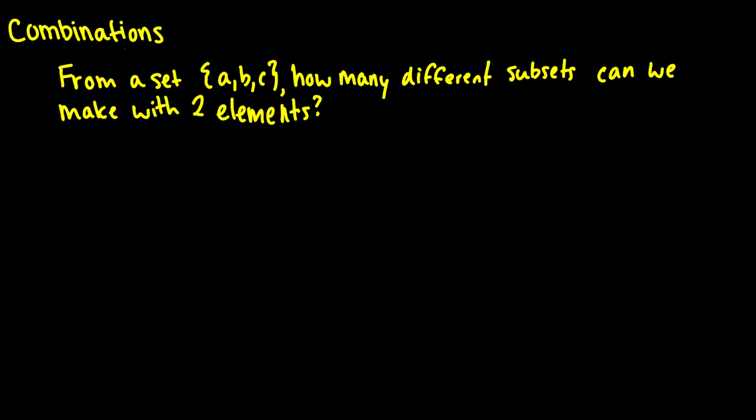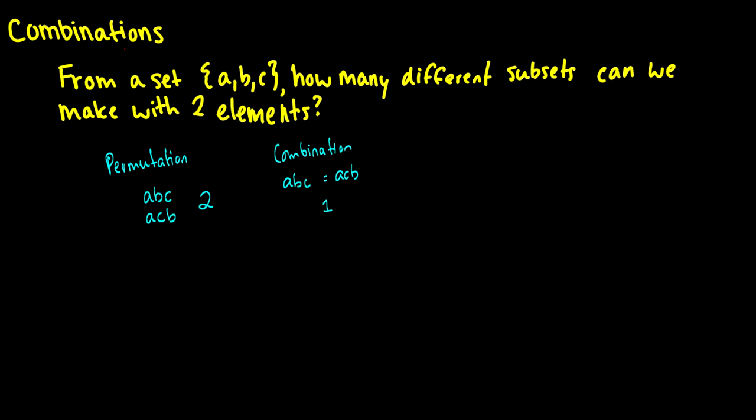For instance, in a permutation, the order ABC and ACB are different. But in a combination, ABC is going to be equal to ACB. They are the same thing.